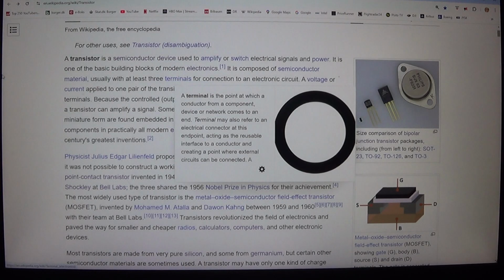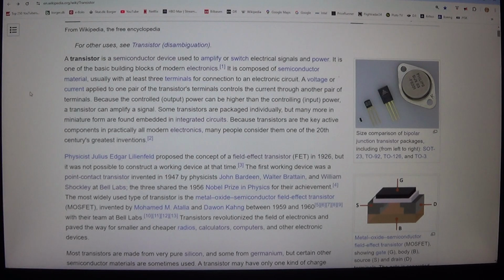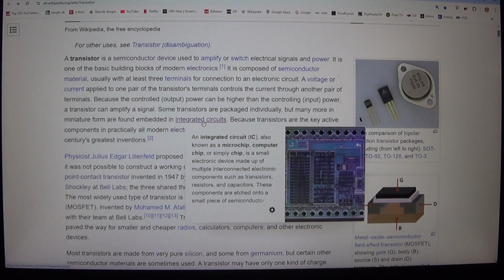A voltage or current applied to one pair of the transistor's terminals controls the current through another pair of terminals. Because the controlled output power can be higher than the controlling input power, a transistor can amplify a signal. Some transistors are packaged individually, but many more in miniature form are found embedded in integrated circuits.